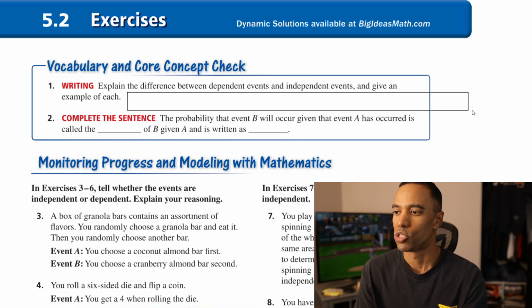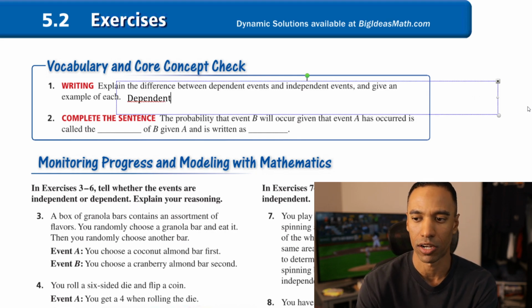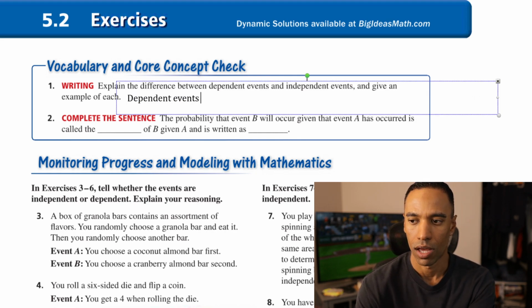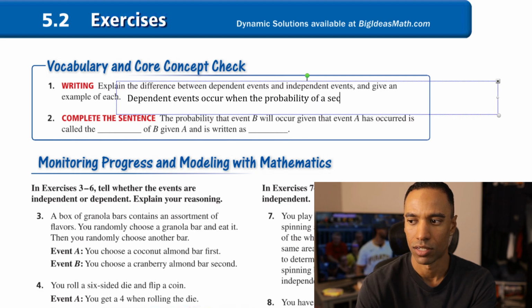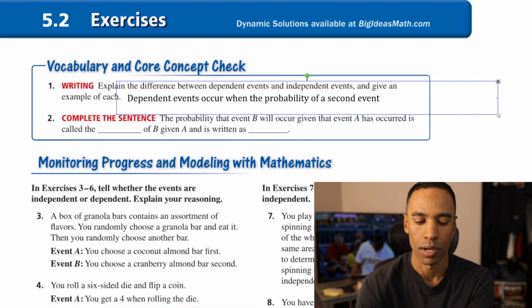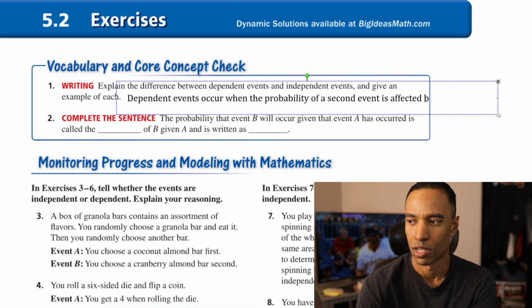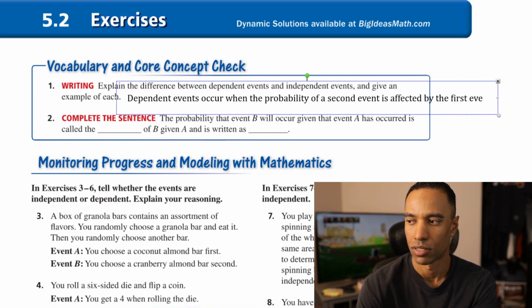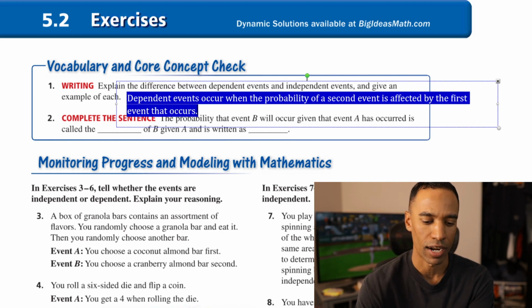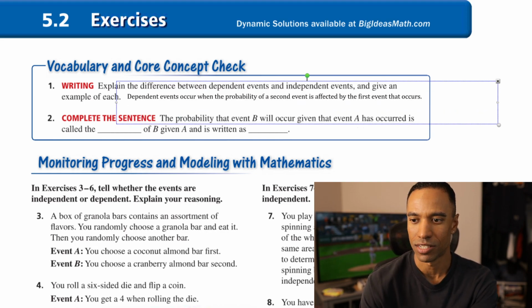Ooh, tall order. Dependent events occur when the probability of a second event is affected by the first event that occurs. I know they say it better than I do, and I'm sure I could have said it better, but I didn't.